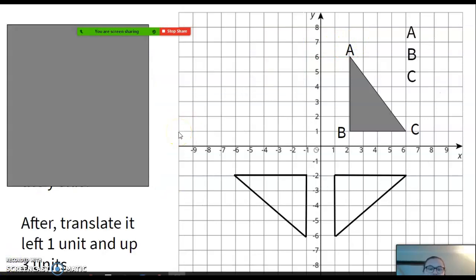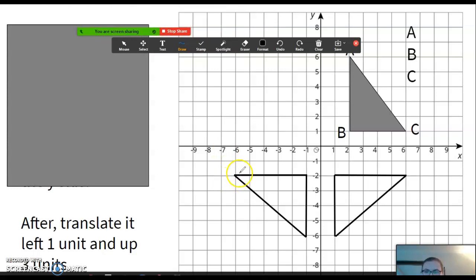So we've done a 90-degree rotation, we've done a reflection over the y-axis, now we're going to translate it. We're going to take each point and go left 1 unit and up 3 units. So we're going to go left 1 unit and up 3: 1, 2, 3. So this new point A double prime should be right here.